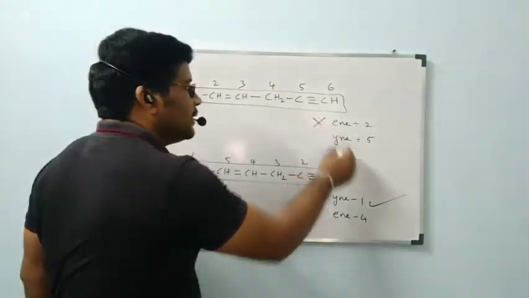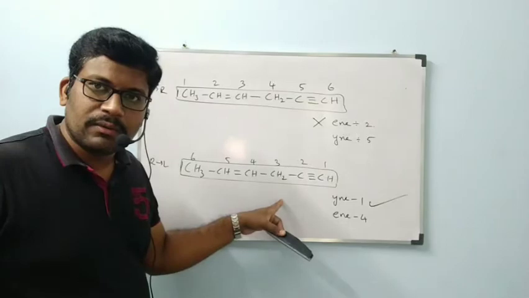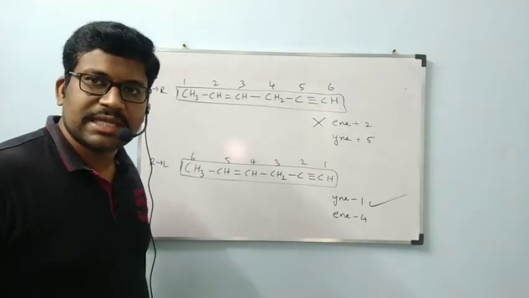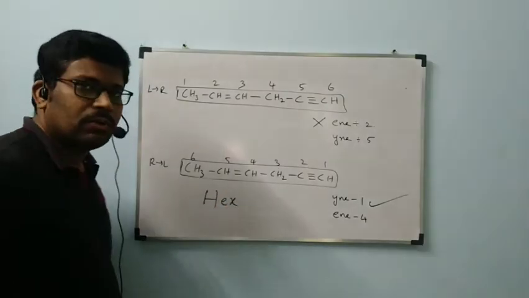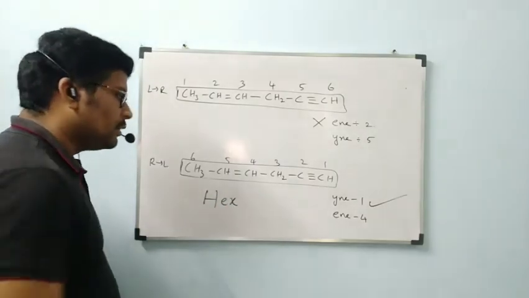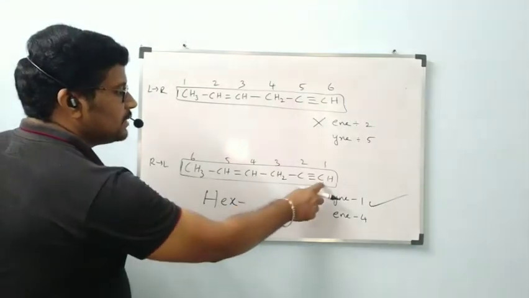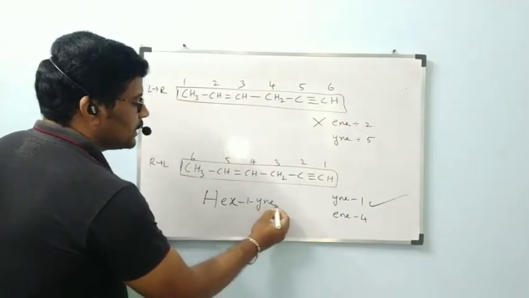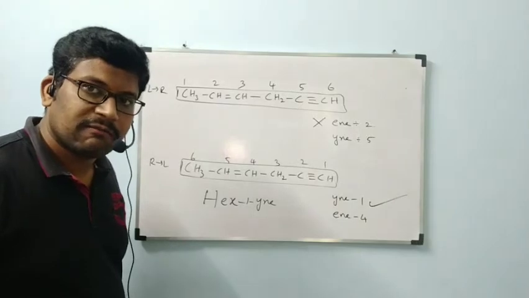This is wrong numbering. According to this, what is the name of this compound? Parent chain contains how many carbons? 6 carbons. Root word hex. On which carbon is the ine? First carbon, 1 ine. Triple bond means ine, present on position 1.